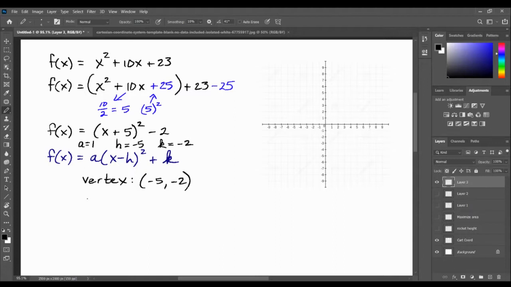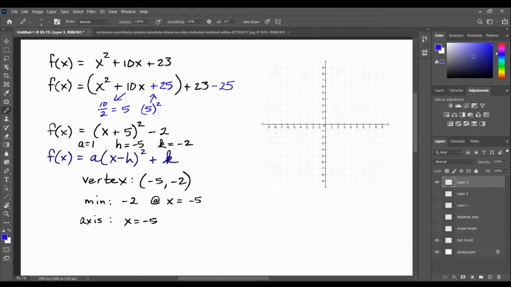Minimum? The minimum will be the k value, and that is at x equals the h value. My axis of symmetry is at x equals negative 5.